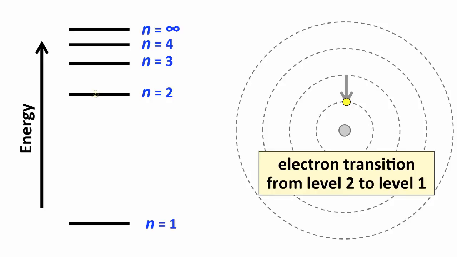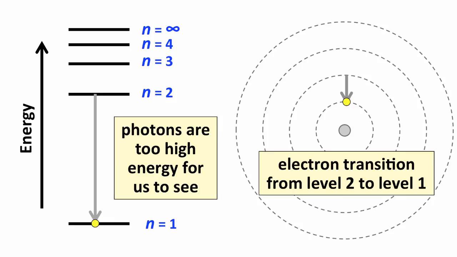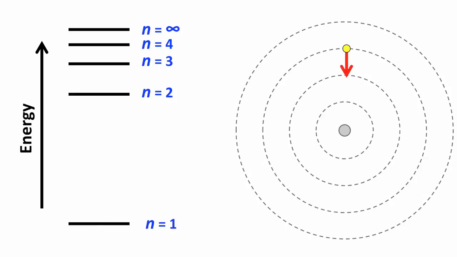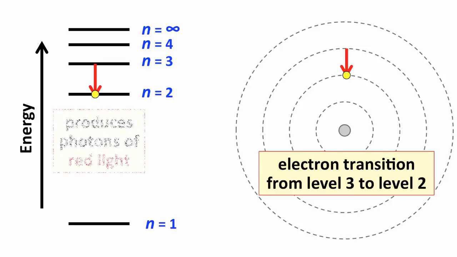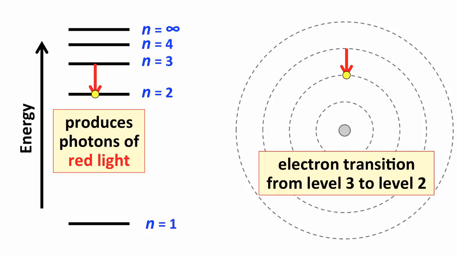It emits a photon when it makes that transition, but the photon created by the 2 to 1 transition is of too high energy for us to see. But the photon created by the 3 to 2 transition is visible to us, and it's actually red. So it produces photons of red light.